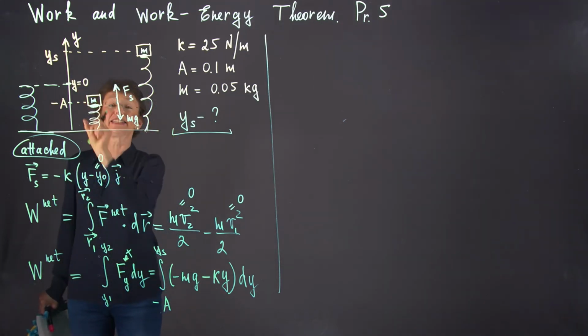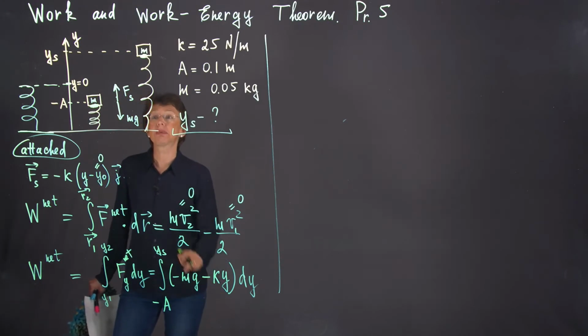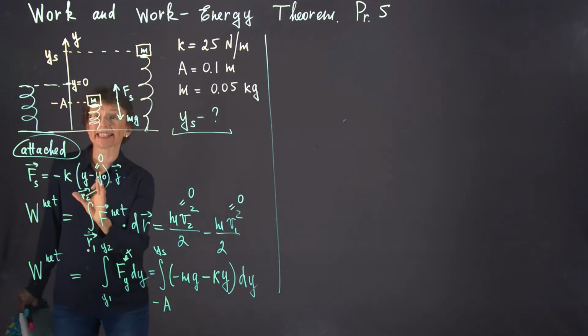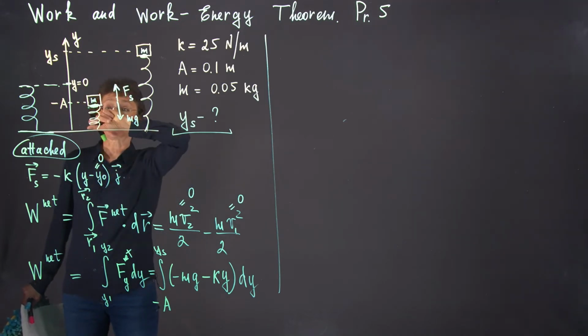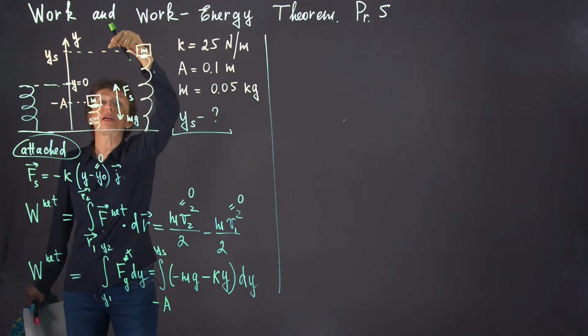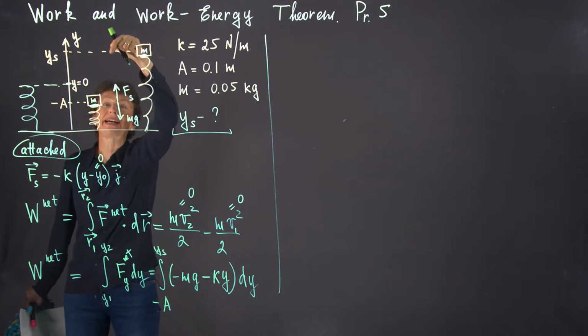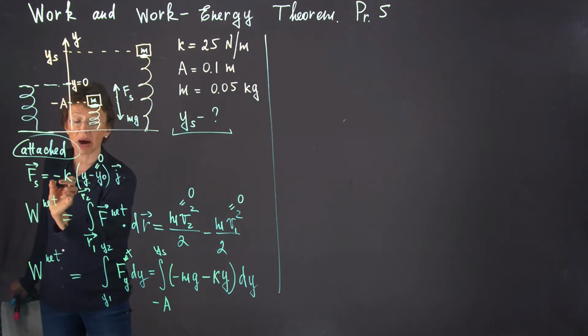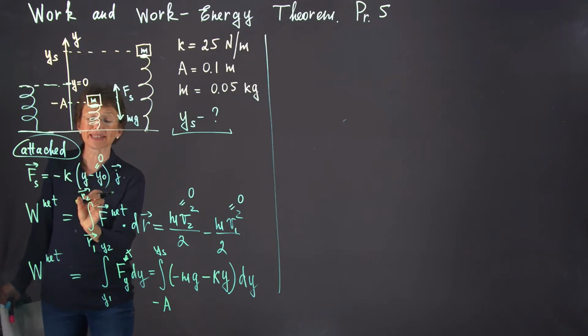And yes, in this region we have the force of the spring acting up. Our formula takes care of all these situations. Now, when the object is above zero, what will happen? Now the force of the spring will be acting down, trying to bring it back to equilibrium. y is now positive, so minus ky from the formula gives a negative force.